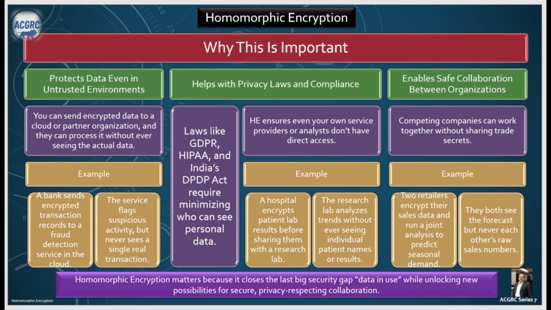They both see the forecast but would never see each other's raw sales numbers. So, homomorphic encryption matters because it closes the last big security gap, which is data in use, while unlocking new possibilities for secure, privacy-respecting collaborations.